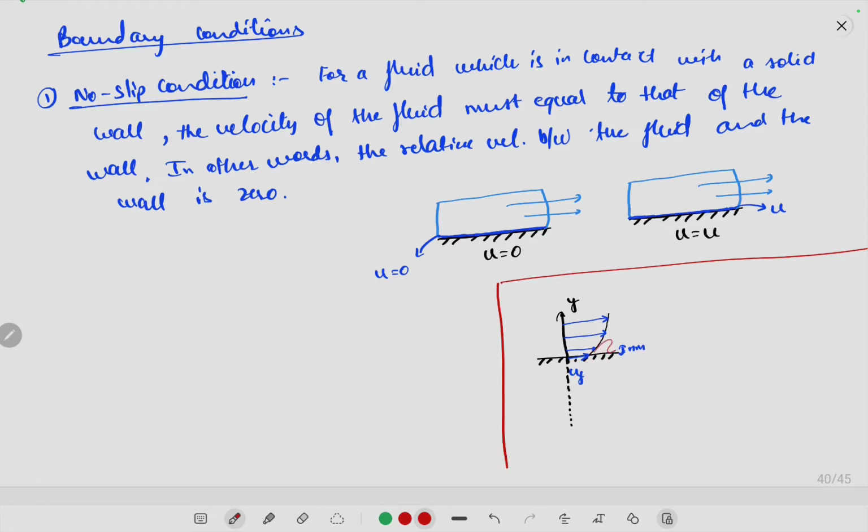Since this UF is not 0, what they do is construct a tangent at this point, and the length at which this tangent intersects the axis is called the slip length. Okay, your B is then called the slip length.